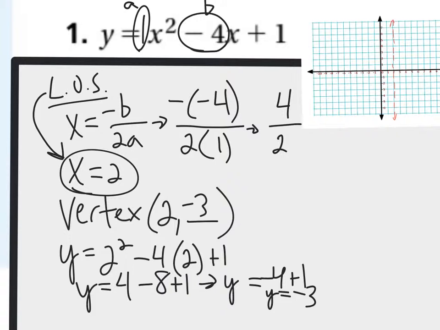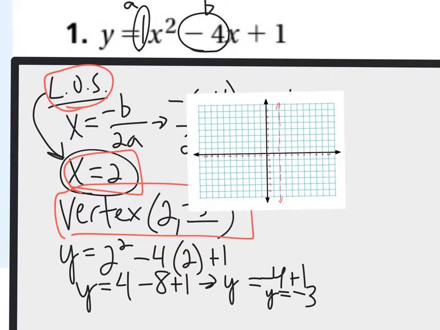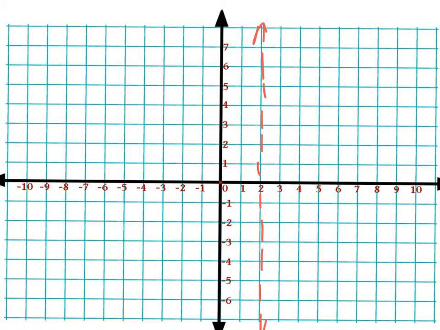So we work that out as -3. So our vertex is (2, -3). Again, our line of symmetry is x equals 2. So vertex here, (2, -3).